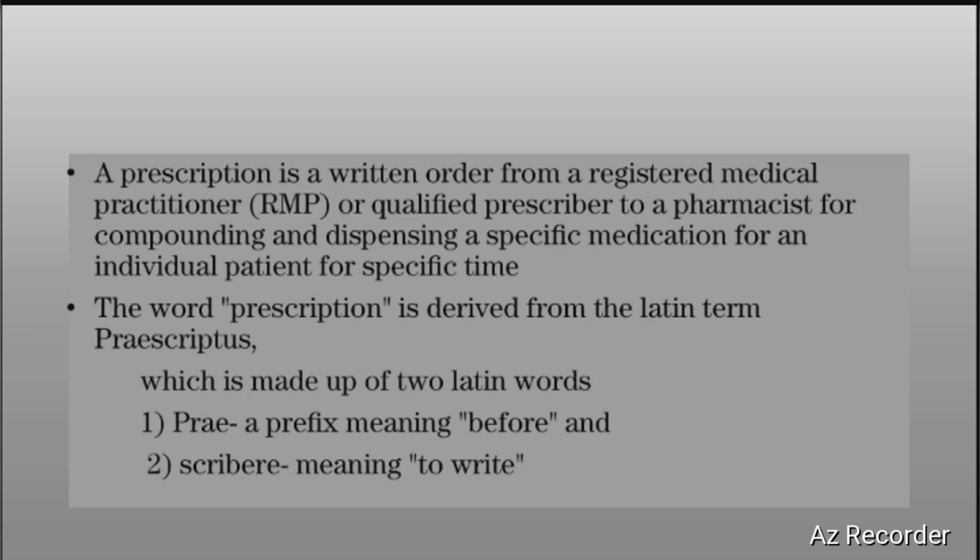So what is a prescription? It is a written order from a registered medical practitioner to a pharmacist for compounding and dispensing specific medication for a specific patient for specific time. Specific medication, specific time, and specific patient. These terms are very important.